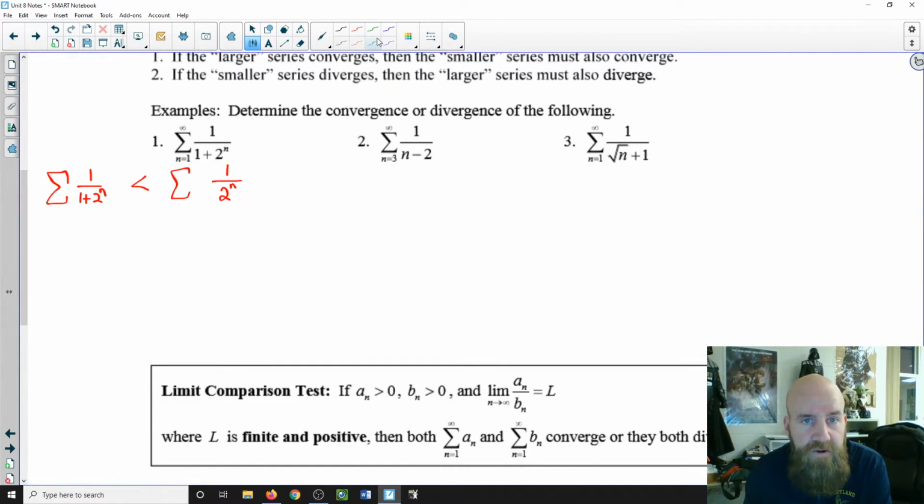So if we look at this one right here, we can say that that would be equivalent to 1/2 quantity to the n power. We've looked at several of these before. And we could say that r is less than 1, so we know it's going to converge because of the geometric series test.